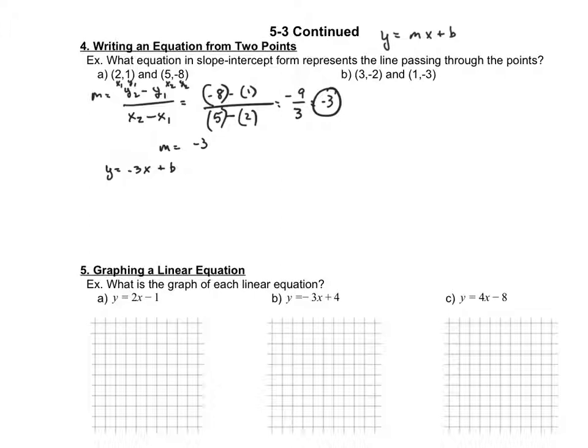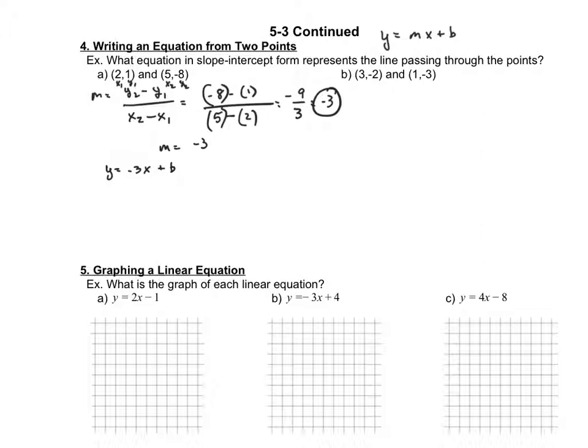But right now I have 3 variables: 1 variable, 2 variables, and 3 variables. And we can only solve for 1 variable at a time. So what I'm going to do is take this point right here, and this is an x and a y, and I'm going to substitute them in for x and y right here, and then I'm going to solve for b.